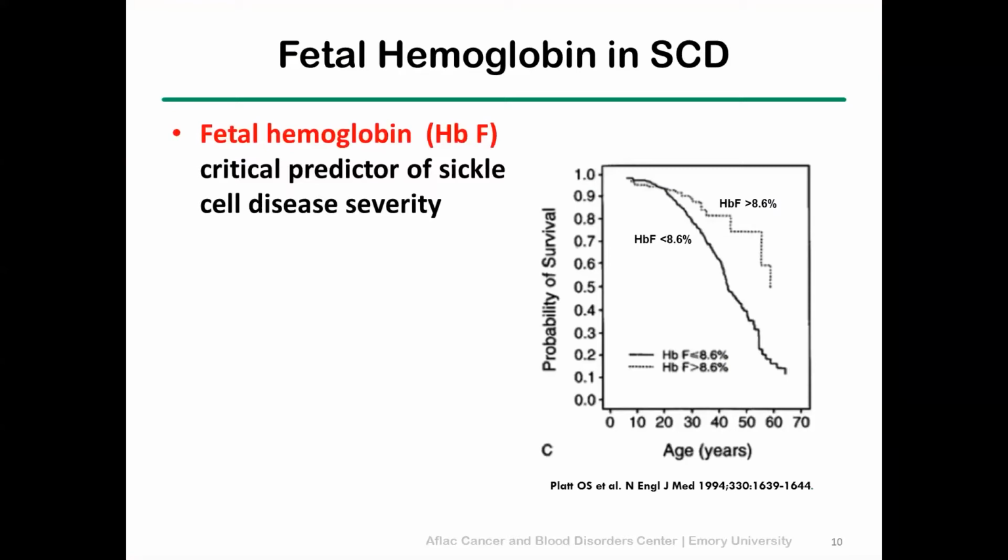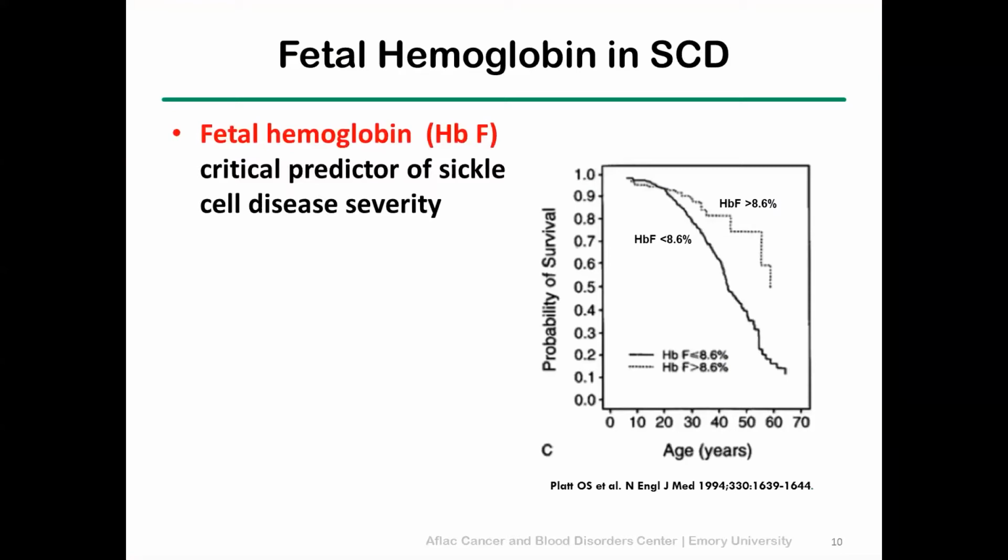Now, fetal hemoglobin is the hemoglobin that we all had when we were in the womb, before we were born. And after birth, the amount of fetal hemoglobin decreases. For individuals without sickle cell disease, it ends up by about 2 years of age being less than 2% of all the hemoglobin.